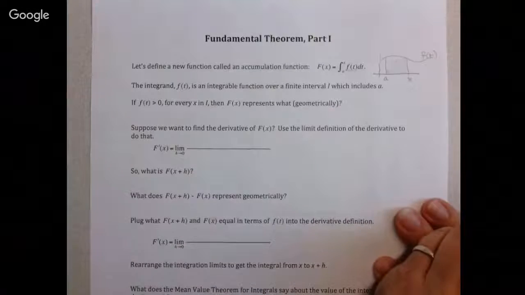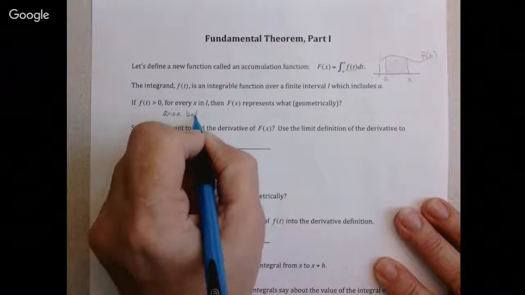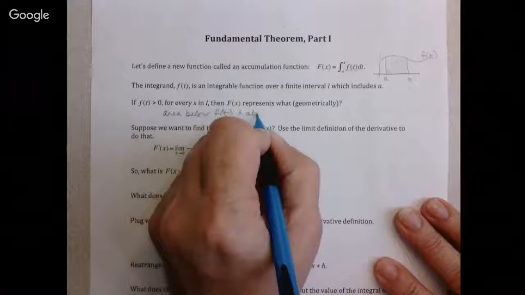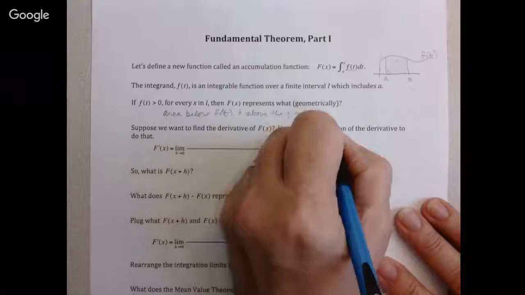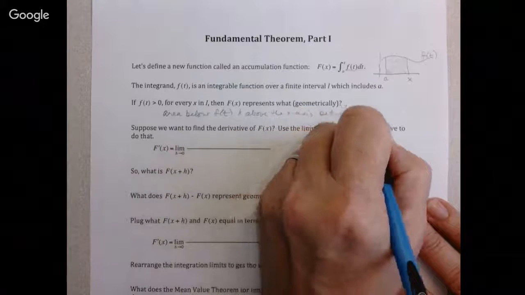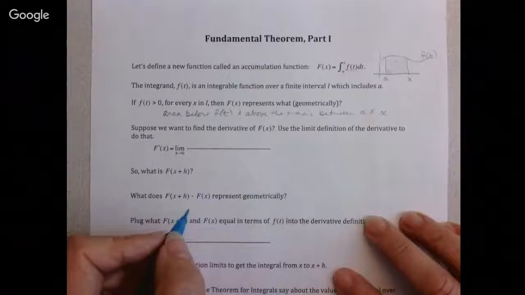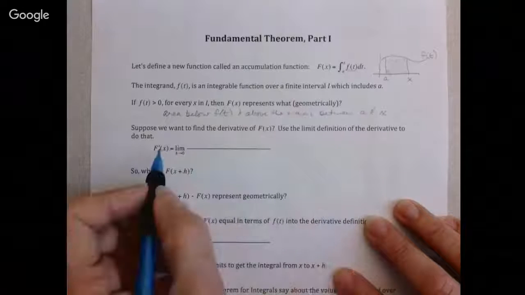So what does that represent geometrically? Well, it's the area below f of t and above the x-axis between a and x.